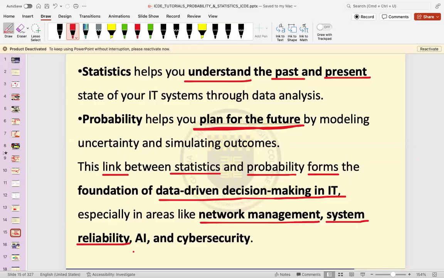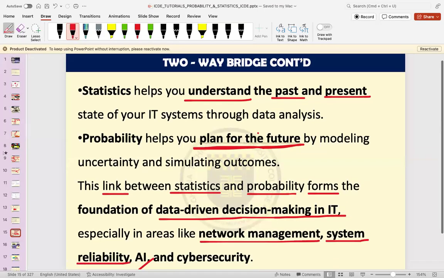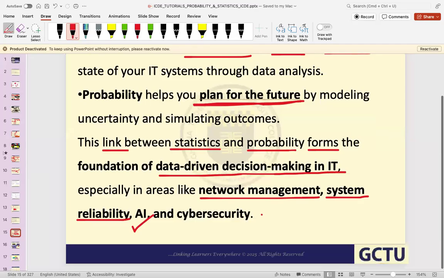The popular AI, artificial intelligence, also depends on statistics and probability in a two-way bridge. And then cyber security also does same. If I were you, I'll spend time to read on network management, system reliability, artificial intelligence, and cyber security.